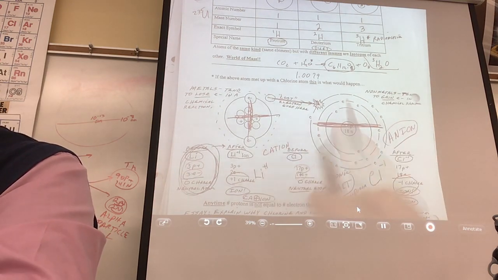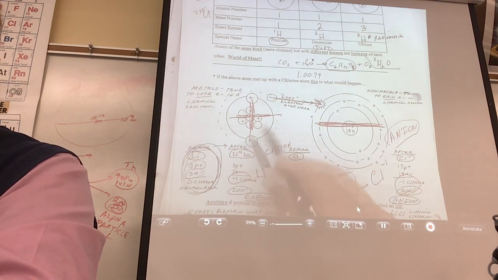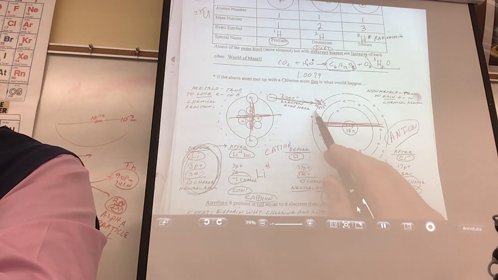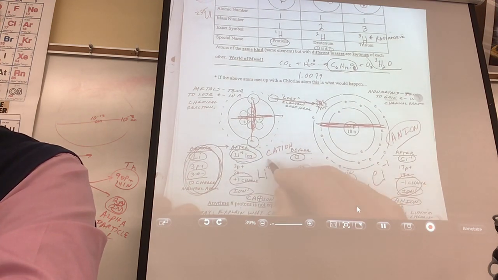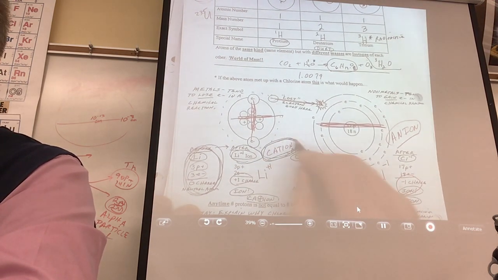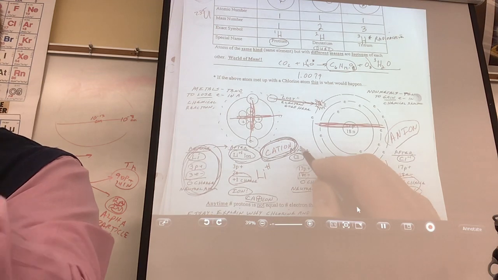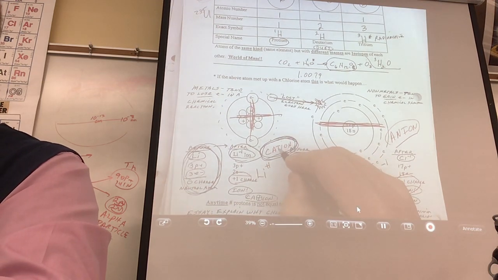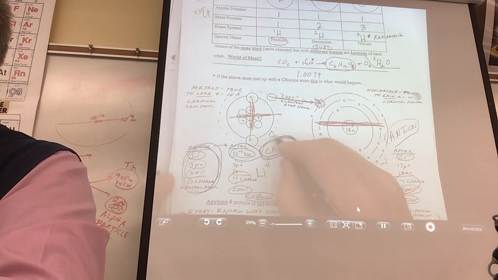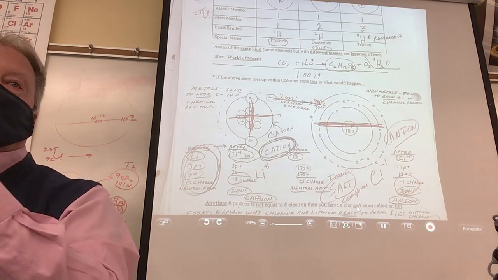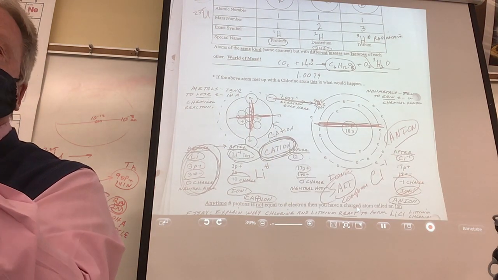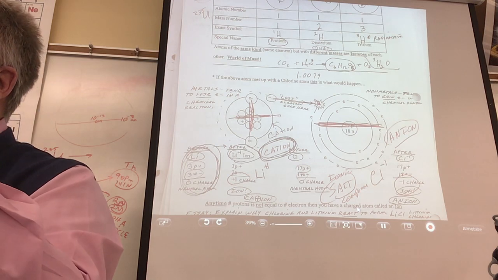So this guy loses an electron, he's not going to get it back, and he becomes an ion. What's the fancy name for a positive ion? It's called a cation, and I'll tell you how I remember that. I spell the word cation with the T like a plus sign, and that's my memory trick that cations are positive ions. So metals tend to become cations.